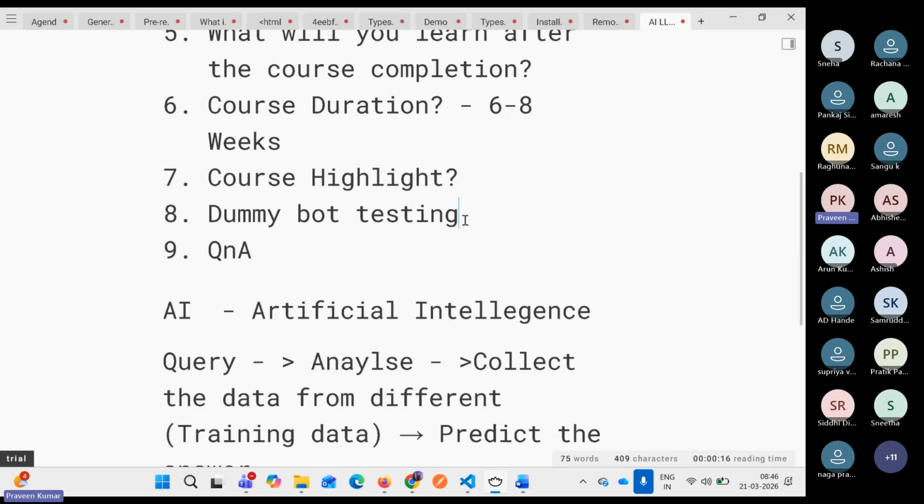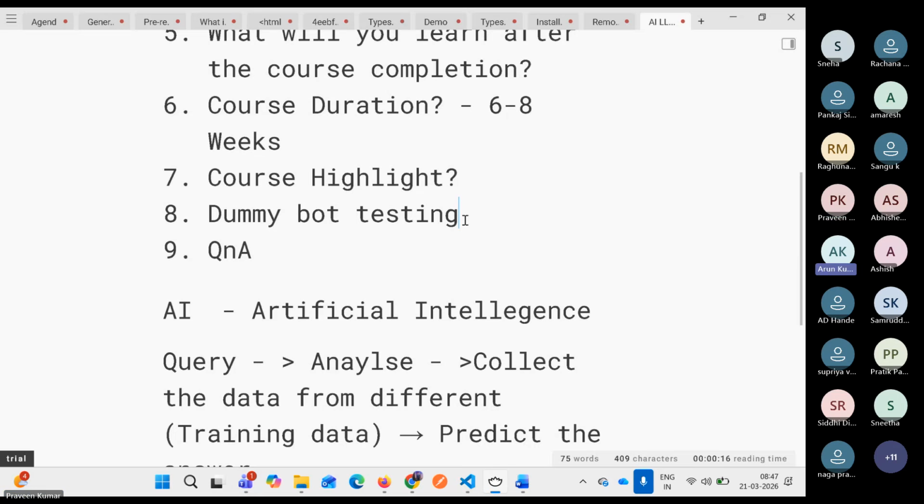ChatGPT is available as an LLM AI, right? Whether that is returning the correct answer or not, that is what you will be testing here. How do you know that ChatGPT is returning the correct answer for any type of question you ask? That is the main validation over here.